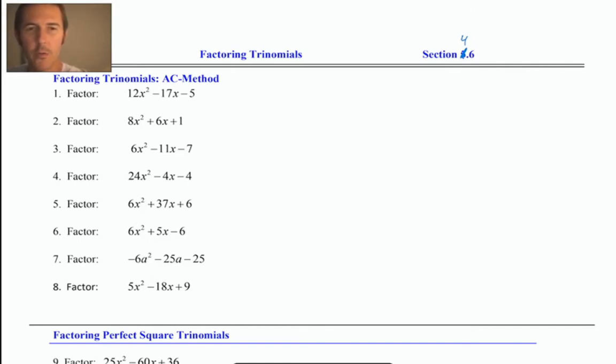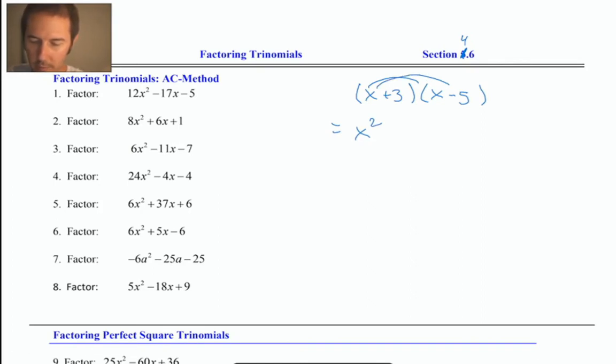These trinomials originally, I suppose, came from multiplying two binomials together. For example, you've seen problems like x plus 3 times maybe x minus 5, and we FOIL. X times x makes x squared, x times negative 5 makes negative 5x, and the O for the inners gives us a positive 3x, and the L for the lasts gives us a negative 15.